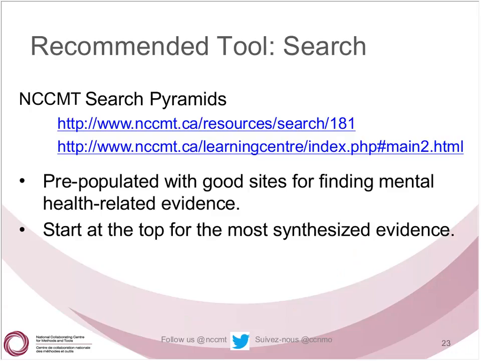So we have pyramids on a number of different topics. Mental health is one of them, so that's the one I'm mentioning today. But there's also a pyramid for good sites for evidence related to injury prevention, health communication, environmental health, healthy habits for adults and for children.